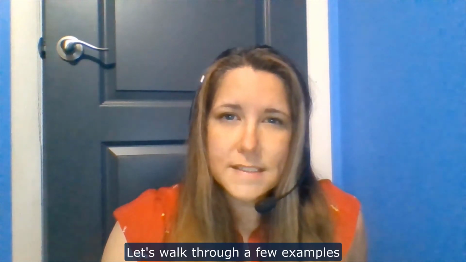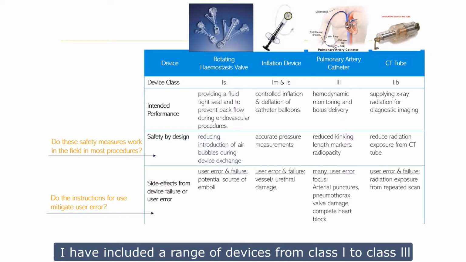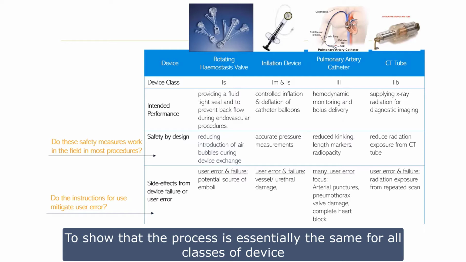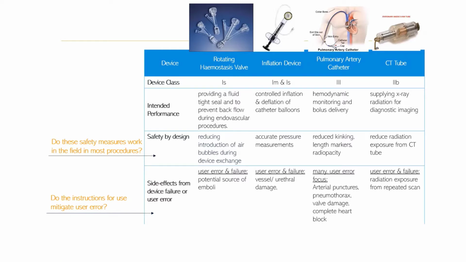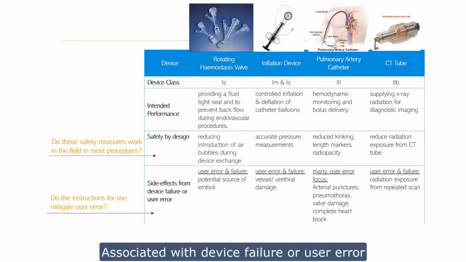Let's walk through a few examples. I have included a range of devices from Class 1 to Class 3 to show that the process is essentially the same for all classes of device. Class 1 devices differ in that there are typically fewer side effects associated with device failure or user error.